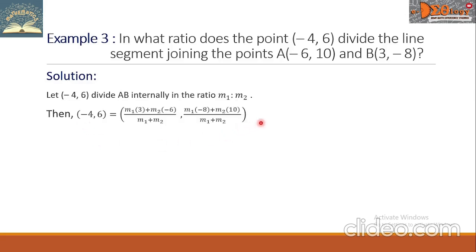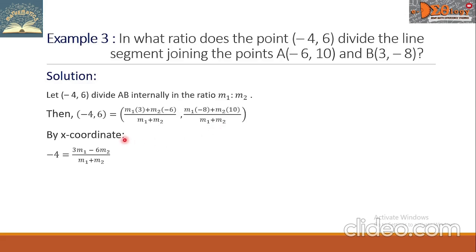We will use our section formula and it becomes like this. The negative 4, 6 equals m sub 1 times 3 plus m sub 2 times negative 6 over m sub 1 plus m sub 2 for our x-coordinate. For the y-coordinate, it becomes m sub 1 times negative 8 plus m sub 2 times 10 all over m sub 1 plus m sub 2.